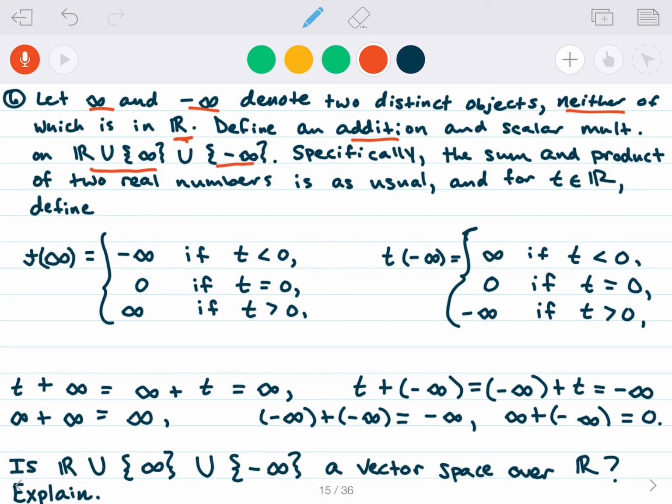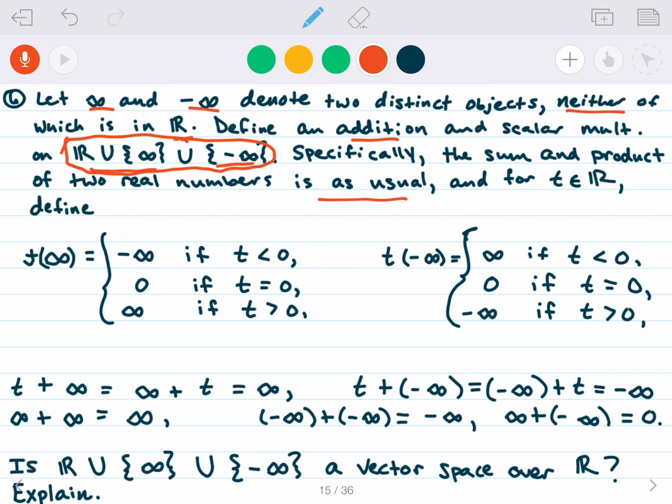So specifically, we define the sum and product of two real numbers as usual. Okay, so that's one thing. The space that we're considering is the real numbers adjoin two different objects, adjoin this object infinity and adjoin this other object negative infinity. We don't really know what these are, but that's what we're defining the space to look like.